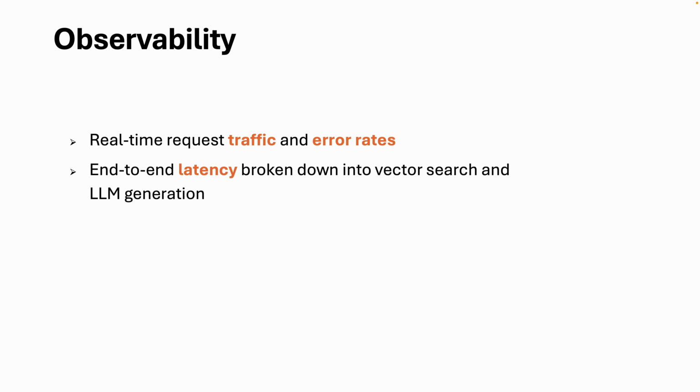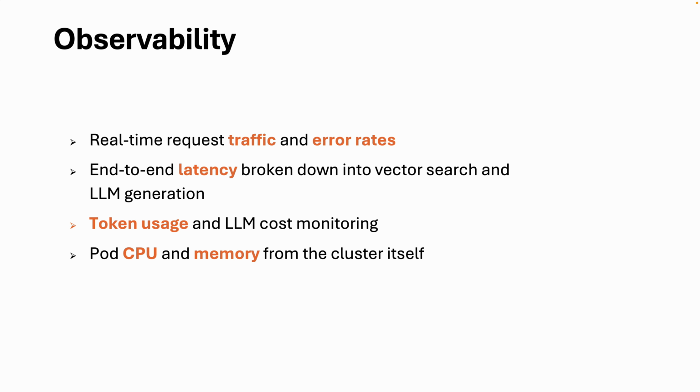By the end of this video, you will have a live Grafana dashboard tracking real-time request traffic and error rates, end-to-end latency broken down into vector search and LLM generation, token usage and LLM cost monitoring, pod CPU and memory from the cluster itself. So this is a full walkthrough, code and Kubernetes config along with Helm and Grafana dashboards.